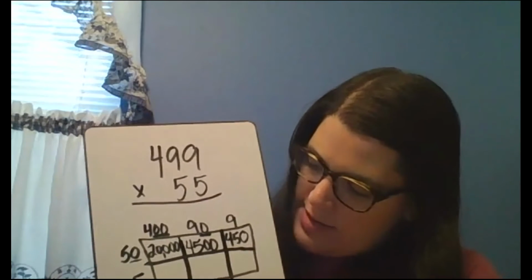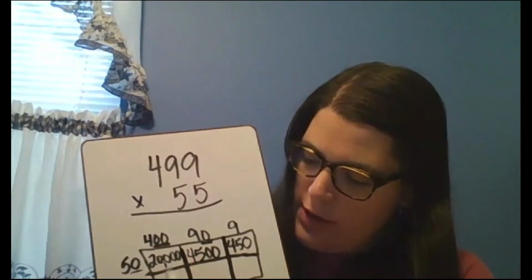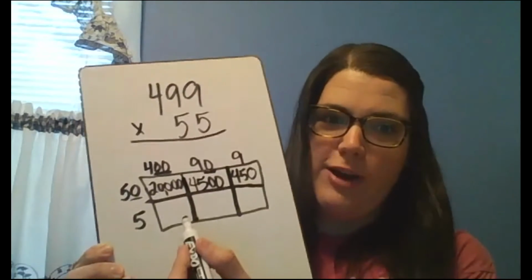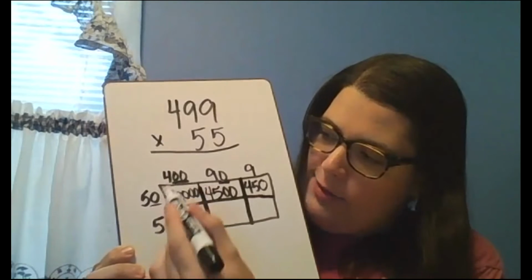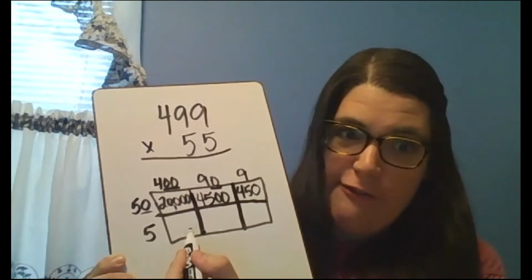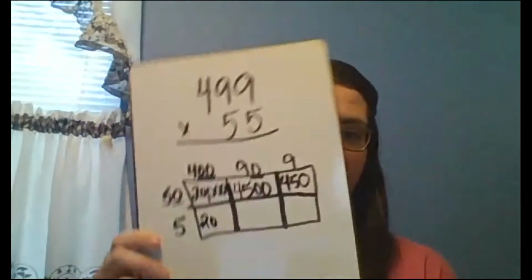This first box is going to be 5 times 400. We know that 5 times 4, we can count by 5: 5, 10, 15, 20. 5 times 4 is 20. And then we have 2 zeros to add from our 400.